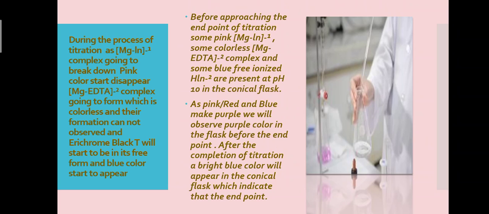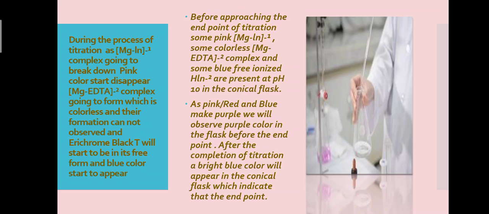During the process of titration, as MgIn-1 complex breaks down, pink color starts to disappear. MgEDTA-2 complex is going to form, which is colorless and its formation cannot be observed, and Eriochrome Black T will start to be in its free form and blue color starts to appear.